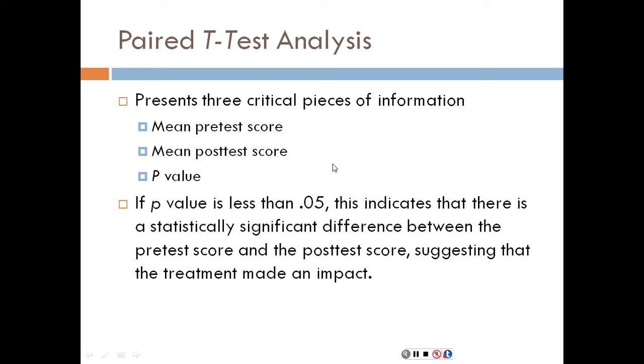So remember, there's some type of treatment going on here if it's an experimental study. And so you would compare the mean scores, the pre-test to the post-test. And if it is significant, that's telling us that there is some type of impact from the treatment.